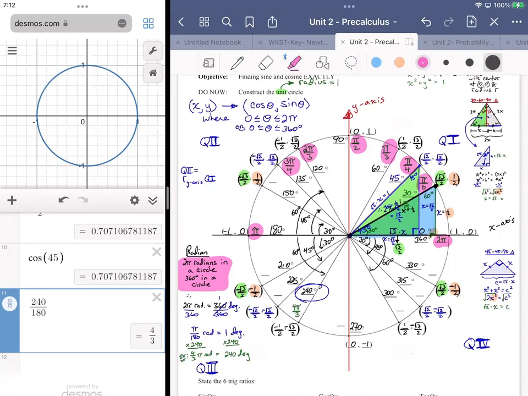However, now that you see it, hopefully it's something that would resonate and you'll think about it from here on out. 150, well, 30 times 5 is 150. So take the radian measure associated with 30, which is pi over 6, and multiply that by 5. So pi over 6 times 5 would be 5 pi over 6.